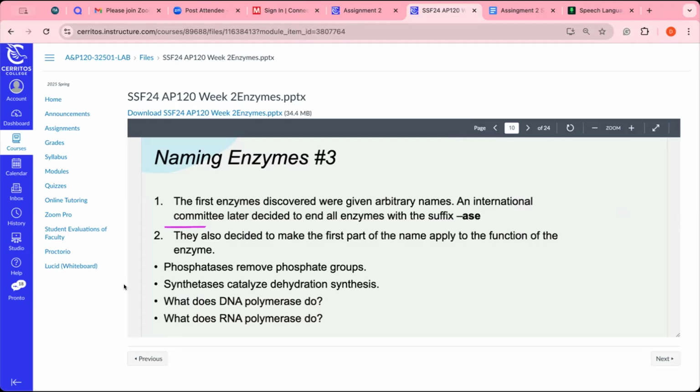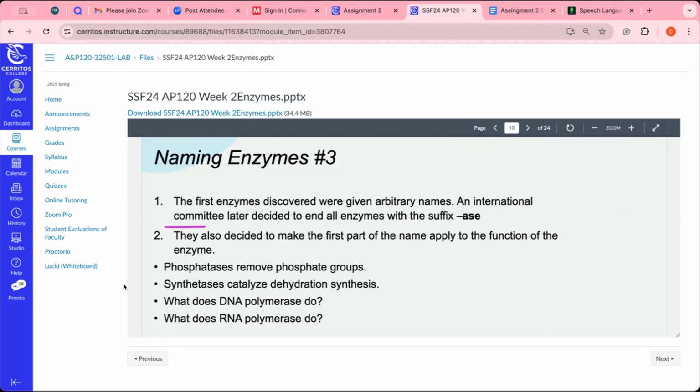Synthetases catalyze dehydration synthesis. So here we have a synthesis reaction. It's dehydration synthesis. So synthetases speed up dehydration synthesis. What does DNA polymerase do? Well, that would mean that it would speed up reactions of DNA polymers. What does RNA polymerase do? It would influence or speed up RNA polymer reactions.